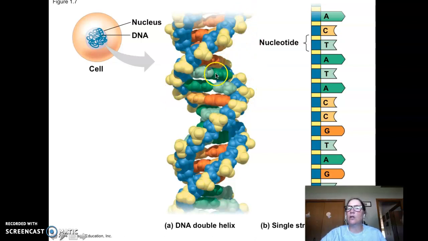Looking here, the nitrogen bases, the A, the C, the T, the G, always project inward, and they're always attached to the sugar, and the sugar's name is deoxyribose, so that's where part of the name comes from. You see where A is here. If you look at T, another strand is going to be over here, and A and T always go together, and C and G always go together.